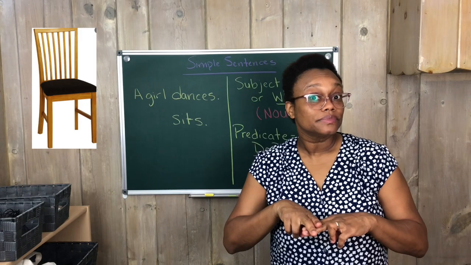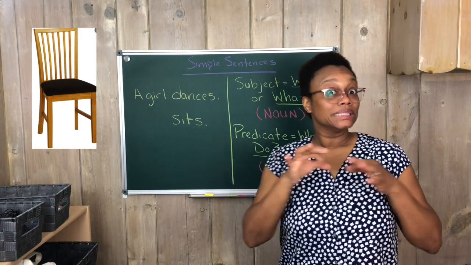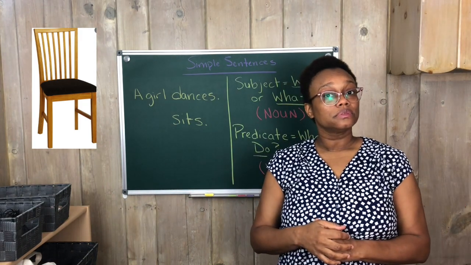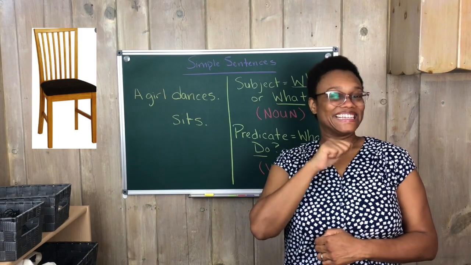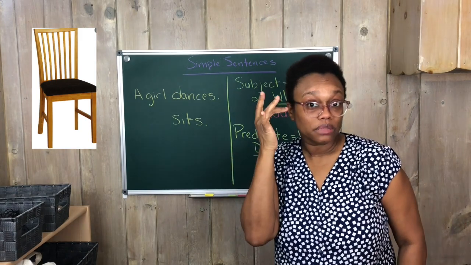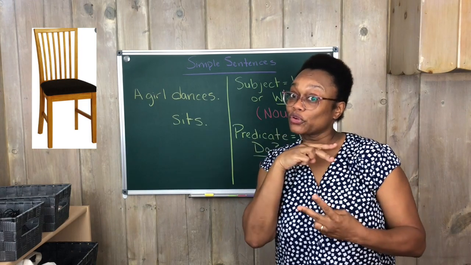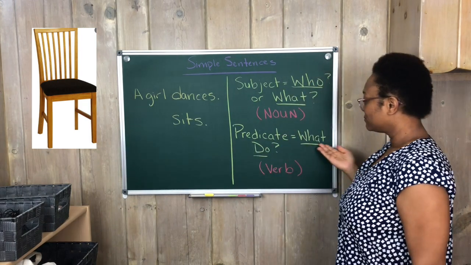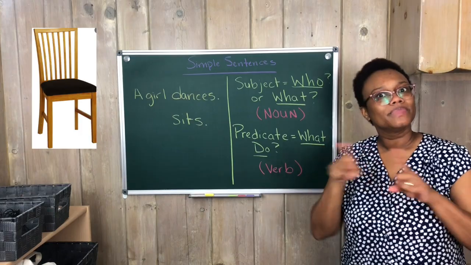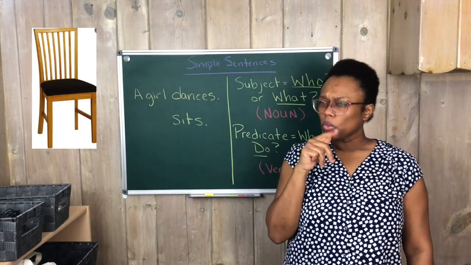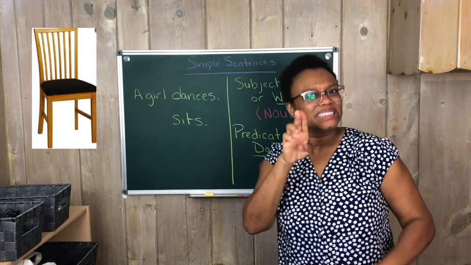Let me give you another example. Sits. Is that a sentence? No, it is not a sentence. Why? It has the what do, the predicate, the verb, sits. But it's missing who is sitting.